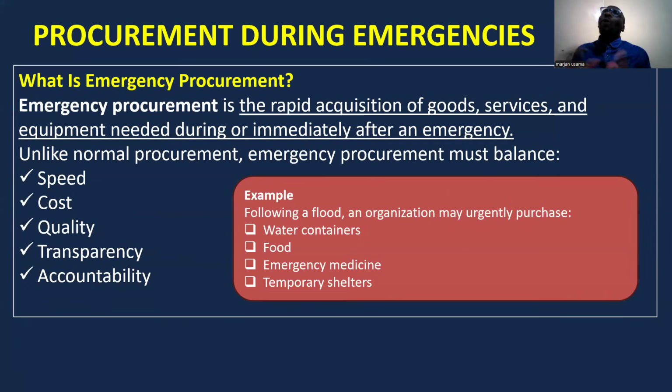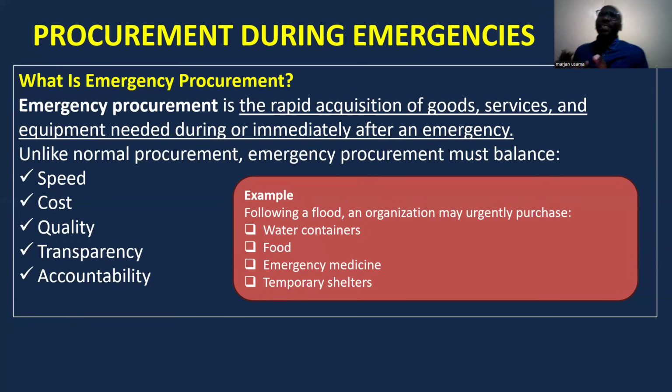So how are we going to buy the medicine? How are we going to buy the tents? So when you're talking about emergency procurement, it is the rapid. I need to underline the word rapid. The opposite of rapid is slow.